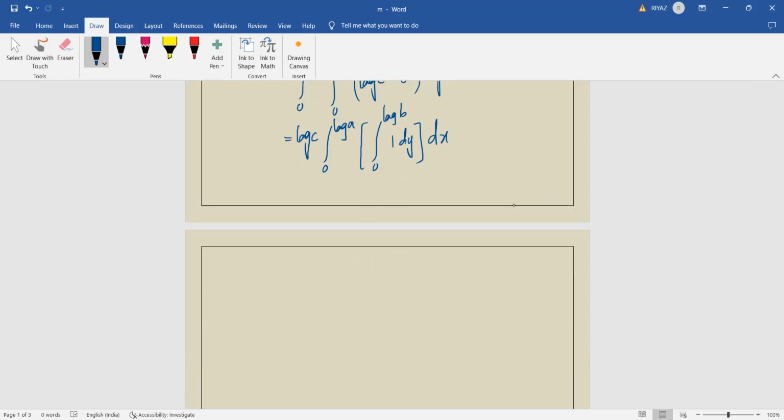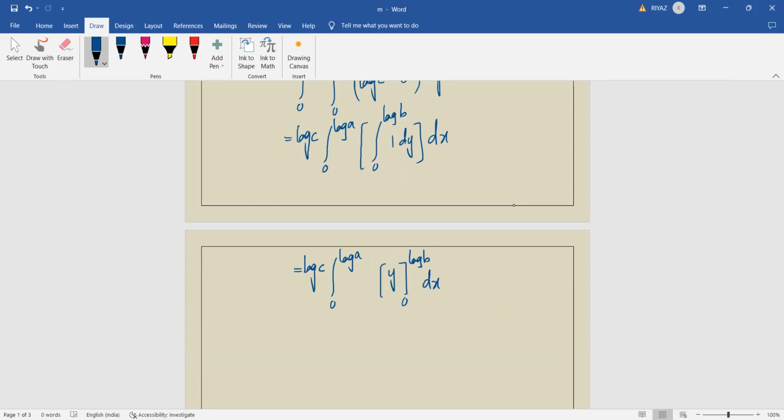Now if I continue, this is log c as it is, 0 to log a as it is. Now 1 dy is y, and the limits are 0 to log b. This dx as it is.